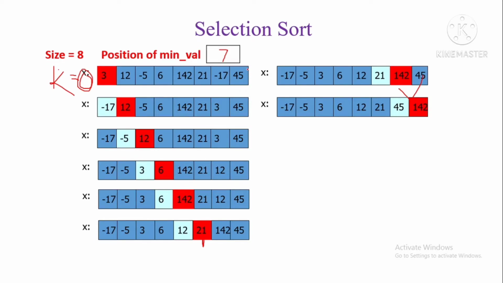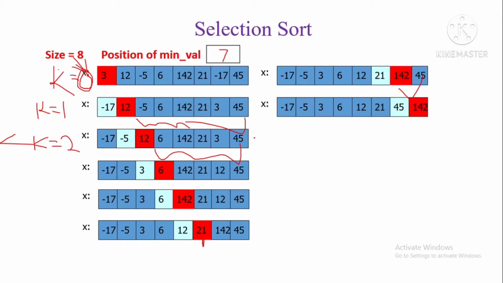Whichever value is the minimal value, I am going to replace that value with the value stored in this particular position, and then in the next iteration I am just incrementing the value, and I am going to compare the values from 2 to n minus 1. I will compare all the elements. Okay, after finding out the minimal position, I will swap these two values. Okay, then k becomes 2, k is equal to 2, and again I am going to search from the third element to the rest of the elements.